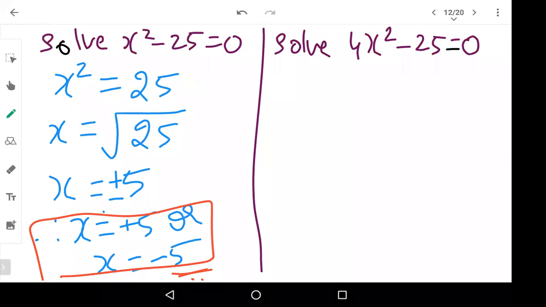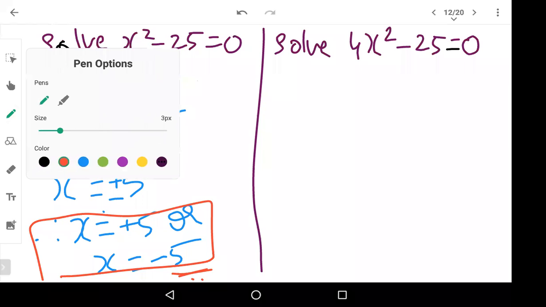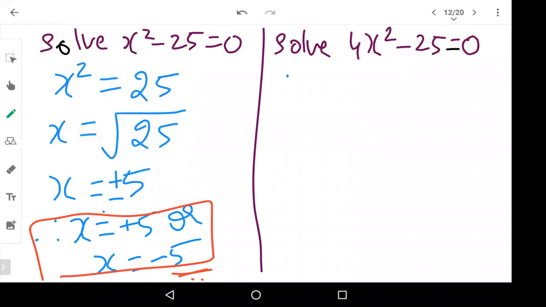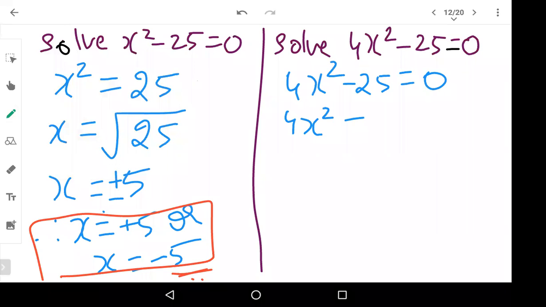Okay. Now let us go to the next problem, that is 4x square minus 25 is equal to 0. This is also very easy. So 4x square minus 25 is equal to 0. I'm taking 25 to the other side. So 4x square is equal to 25. Then x square is equal to 25 by 4, as the 4 comes to the other side. Correct, Pujna. Lakshmi, your answer is also right.